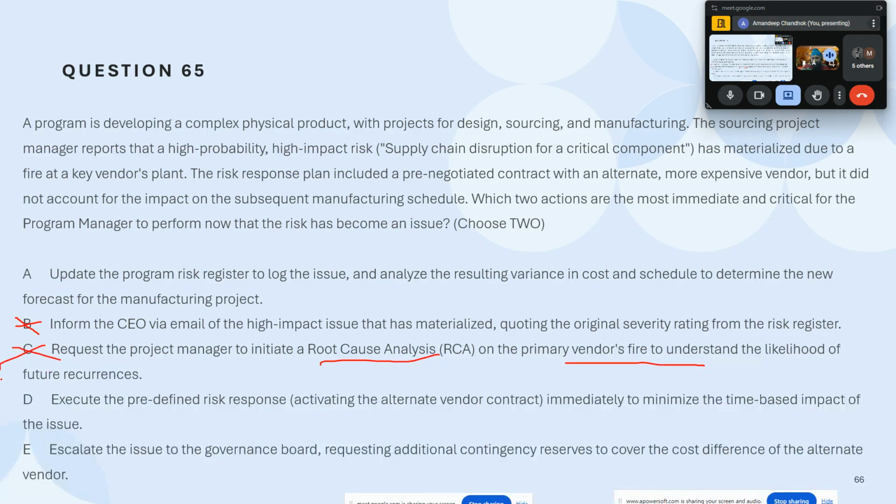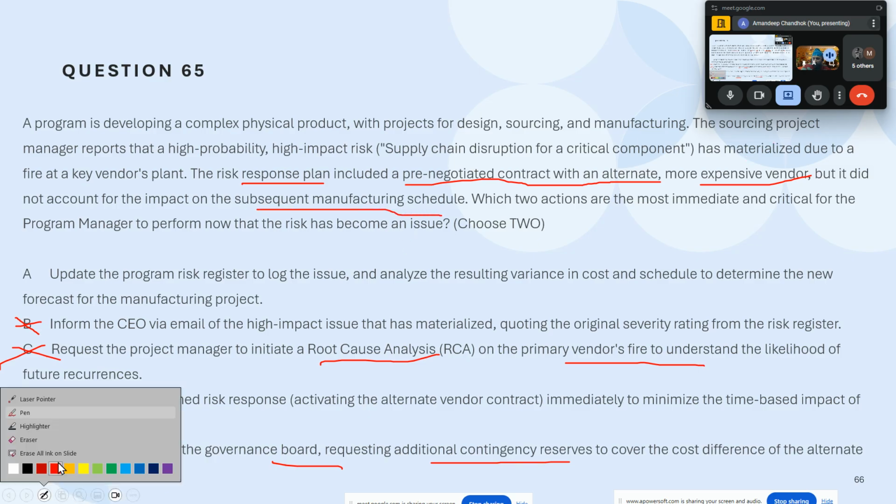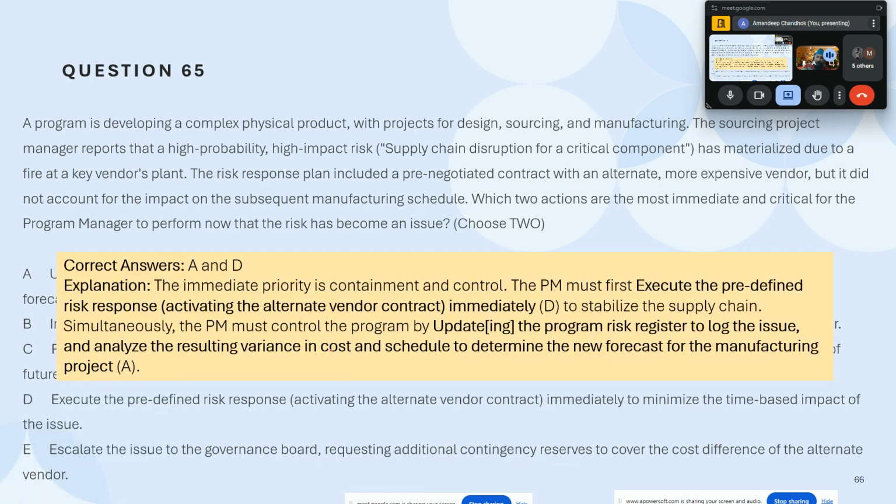So C also goes off: escalate the issue to the governance board requesting additional contingency reserves. Does it say that it does not have contingency reserves? It says this response plan has a pre-negotiated contract with an alternate, more expensive vendor. So the question is not about money. The question is about schedule. That's why these are the two correct answers.